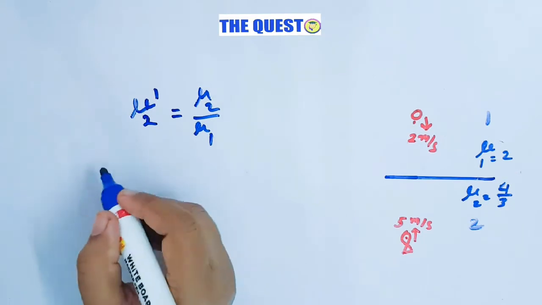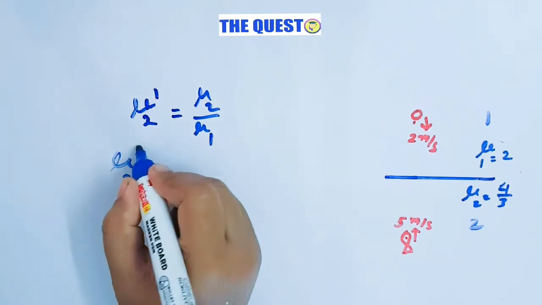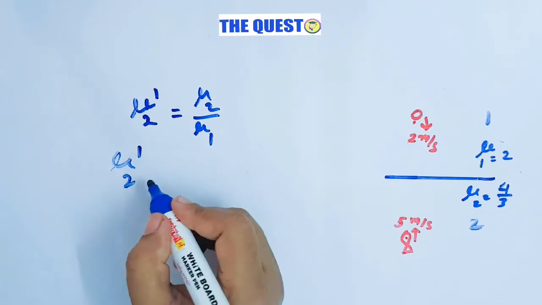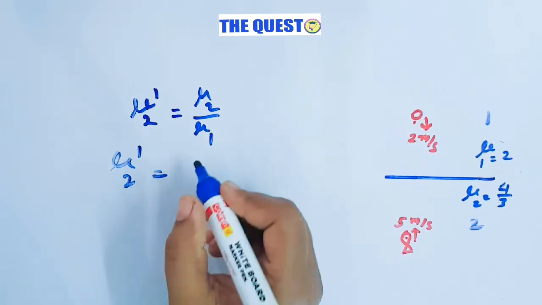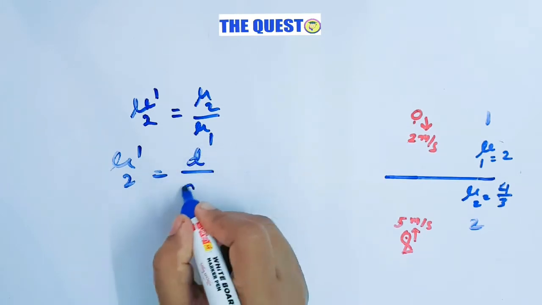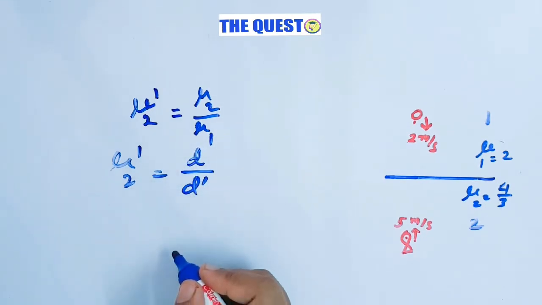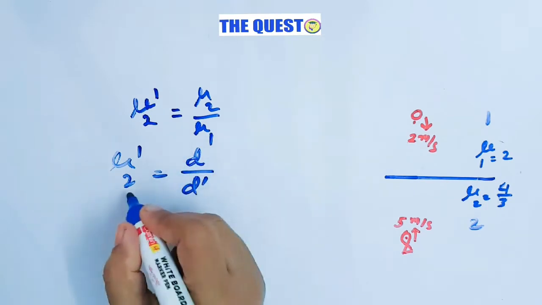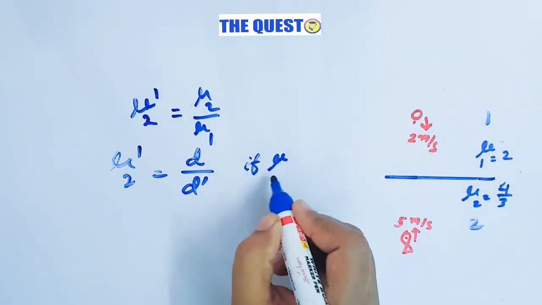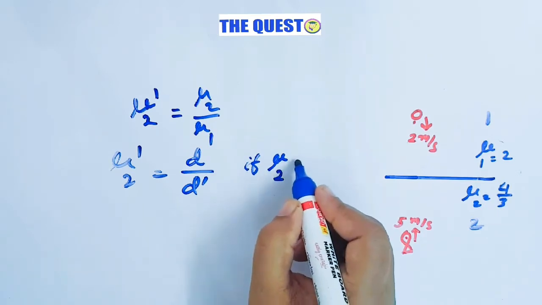Now, if you recall, mu21, which is the refractive index of the second medium with respect to the first medium, is equal to the real depth by the apparent depth of the object inside the second medium if the second medium is denser than the first medium.